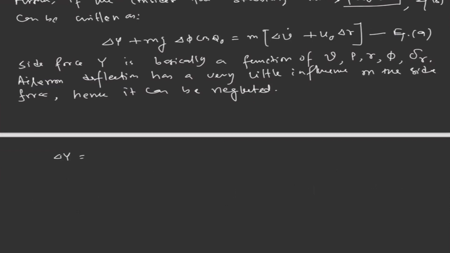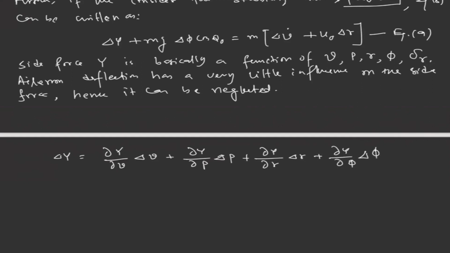We can write del y del v capital delta v plus del y del p delta p plus del y del r delta r plus del y del phi capital delta phi plus del y del delta r capital delta r.